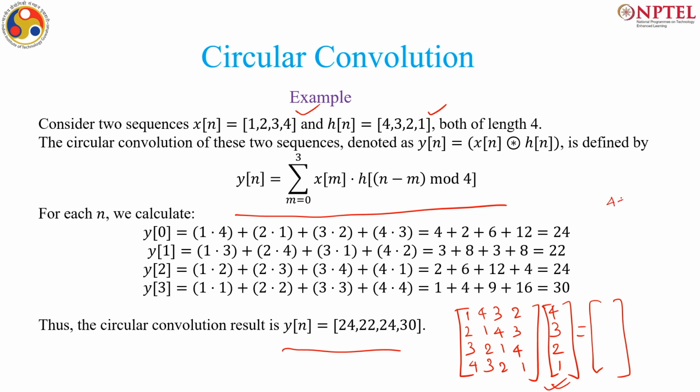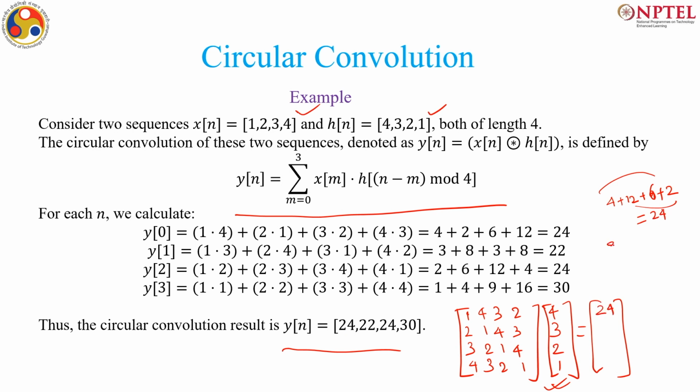So, 1 into 4 is 4, plus 4 into 3 is 12, plus 3 into 2 is 6, and 2 into 1 is 2. Sorry, did I make a mistake? So, if I do this, this is 10 and this is 14, so 24. This is 24, this is matched.